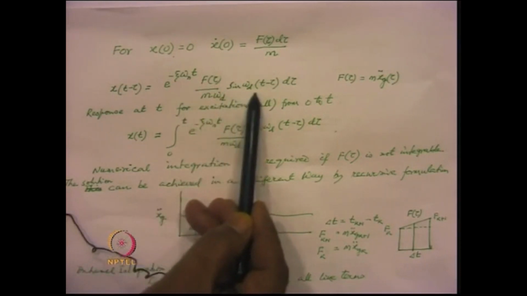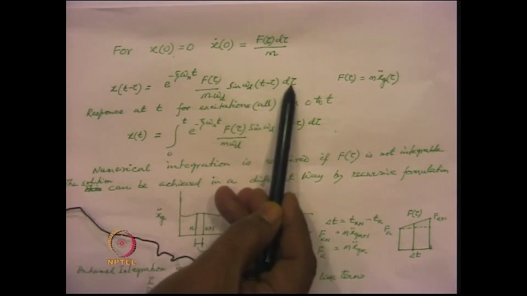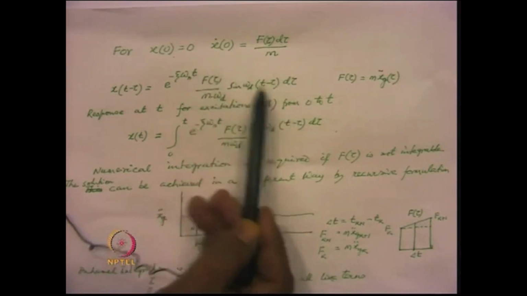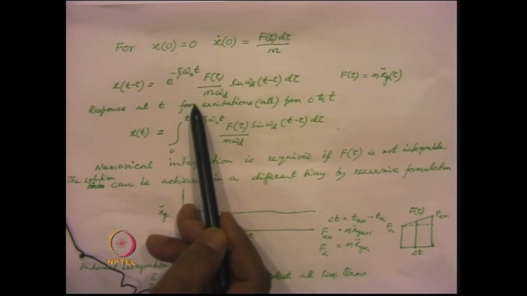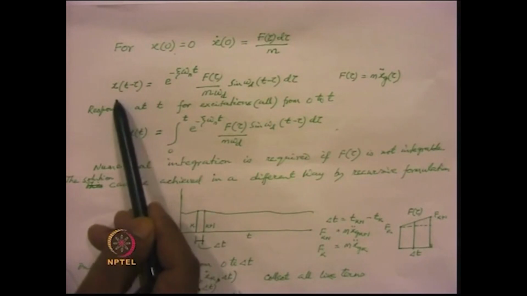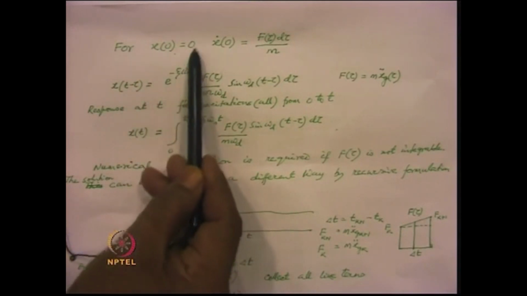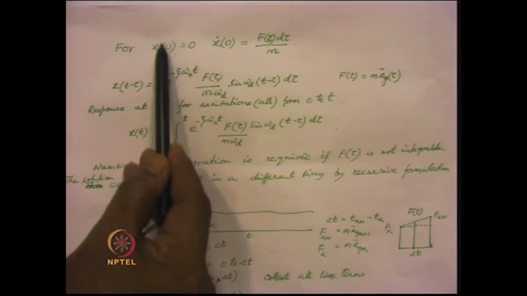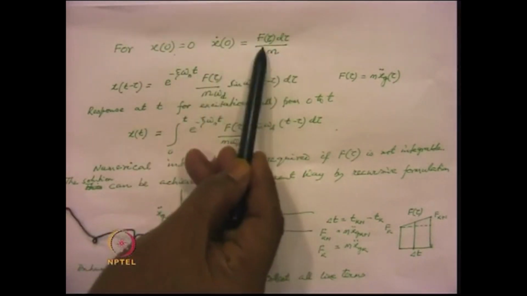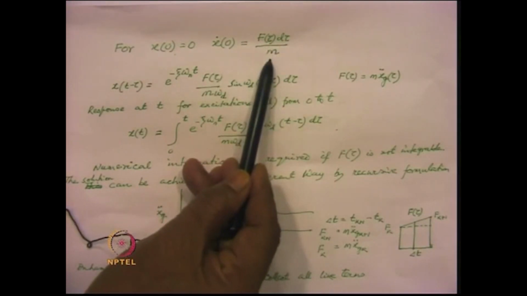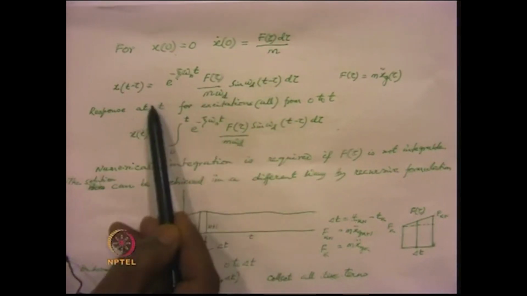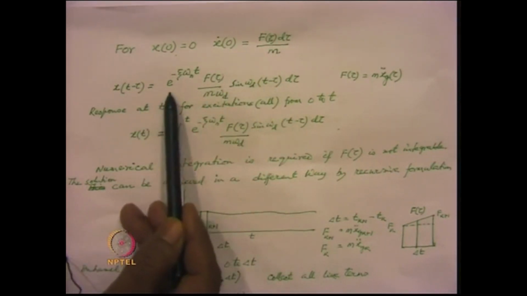So, sin omega d (t minus tau), and d tau comes because f(tau) d tau is the total impulse. That is how d tau comes into the picture over here, and this equation is valid for a displacement of 0 at the initial stage and a velocity equal to f(tau) d tau divided by m. This is a standard equation for damped free oscillation.